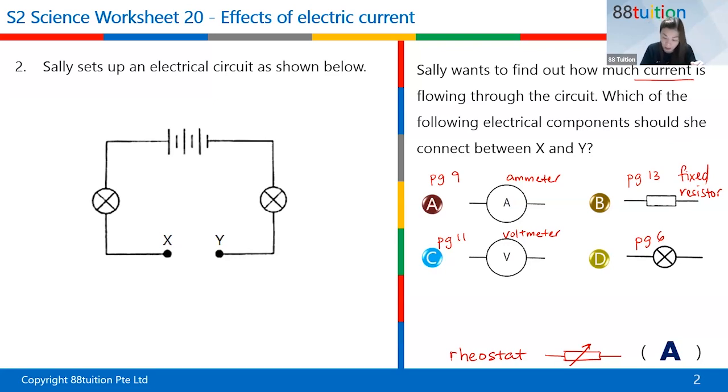You do not control it that way. A fixed resistor means you put it in, the light bulb will just continue to light up in the same brightness throughout. You want to have a dimmer kind of setting, you will need a rheostat, so that you can control how much current you want flowing in the circuit.